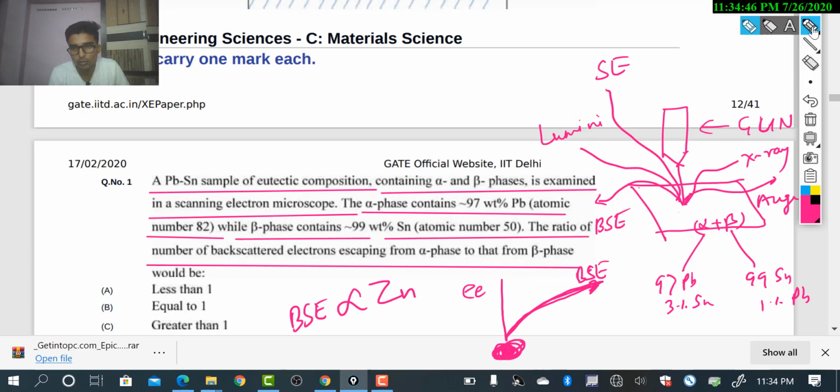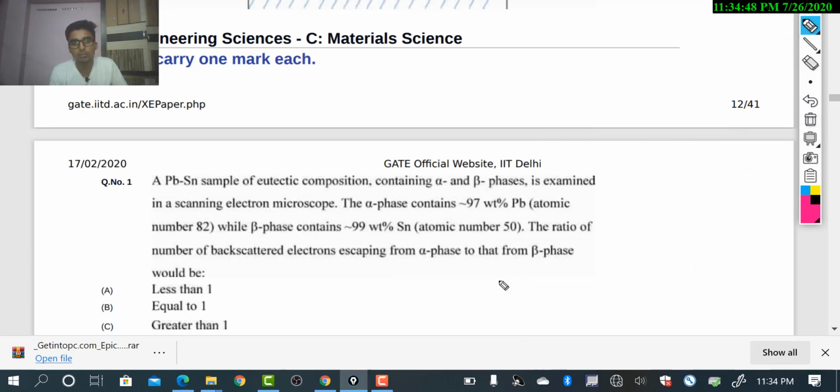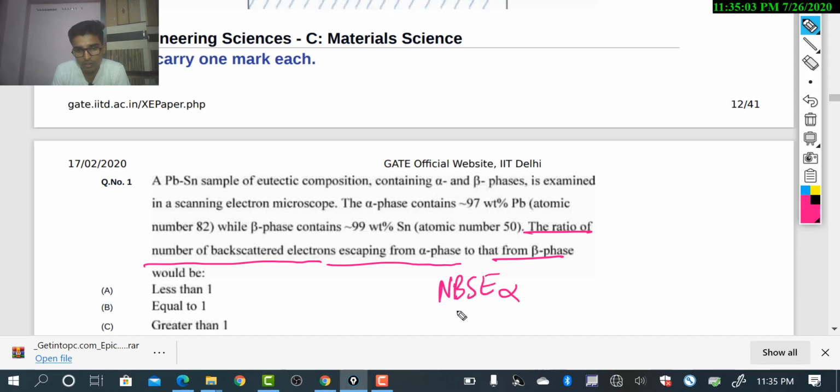So let's solve it. Basically the whole concept is we have to find out the ratio of the number of backscattered electrons escaping from alpha phase to beta phase, right? So the number of backscattered electrons from alpha phase to the number of backscattered electrons from beta phase.